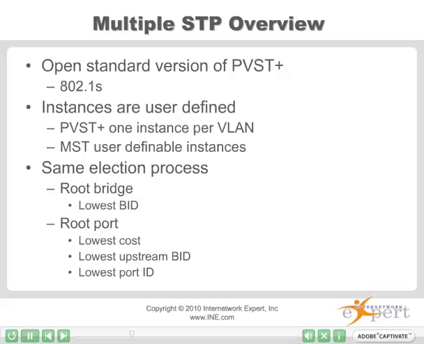We can create, I think the best way to say it, as many spanning tree topologies as we need. Now, the underlying process is our rapid spanning tree protocol process, and nothing's changed there at all. So really what's changing here is how many different spanning tree topologies we're going to define in our network.